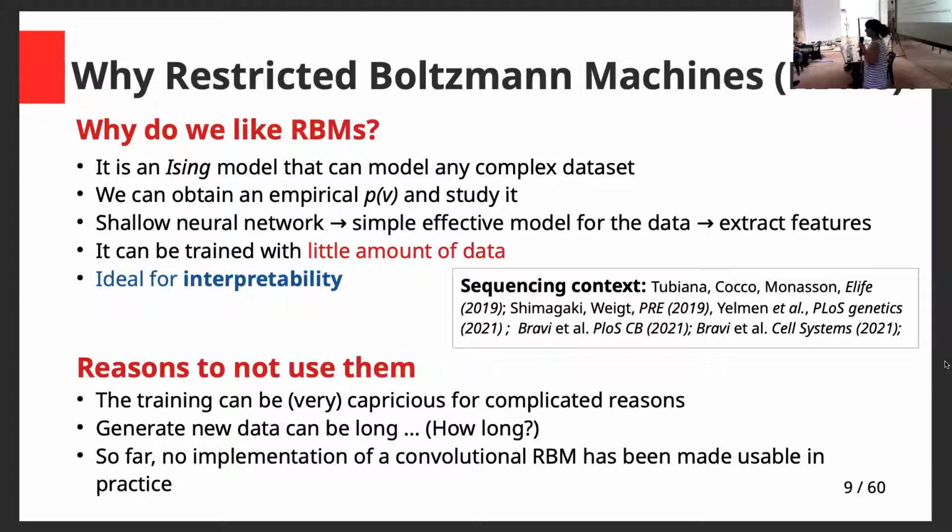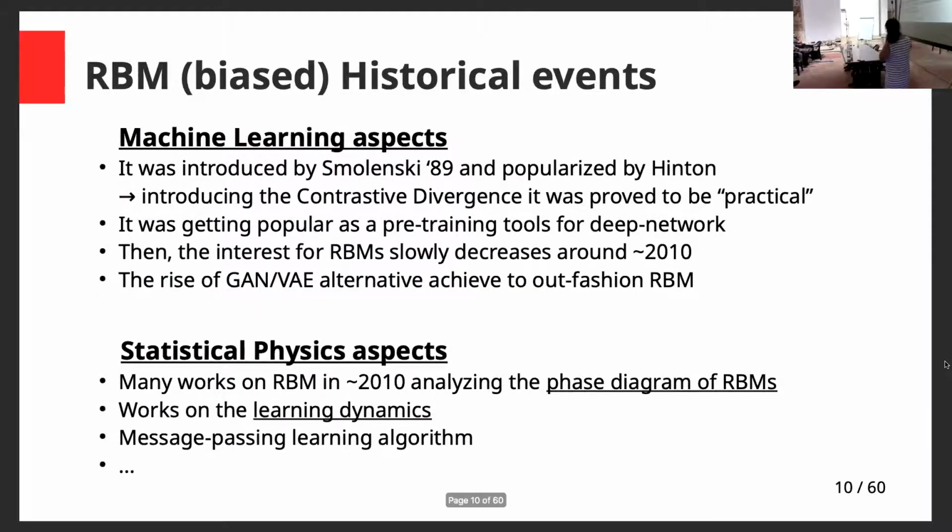One of the main problems is that there are no implementations for convolutional layers in RBMs. But in any case, just a bit of history: the RBMs have been around for quite a long time. They were proposed by Smolensky and later were popularized by Hinton. They had their golden era in the 90s when they were used as pretraining units for deeper networks.